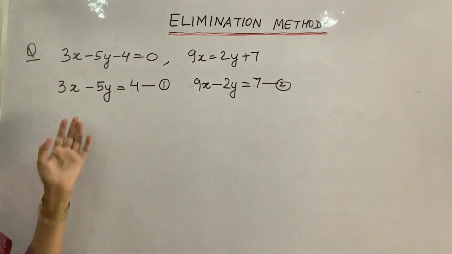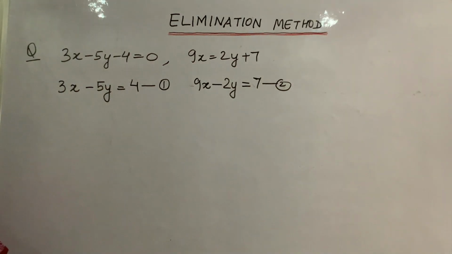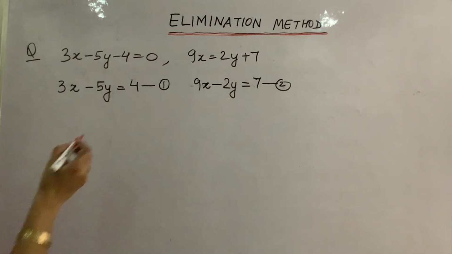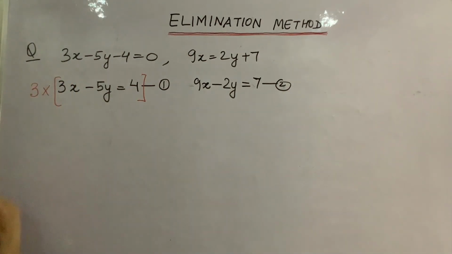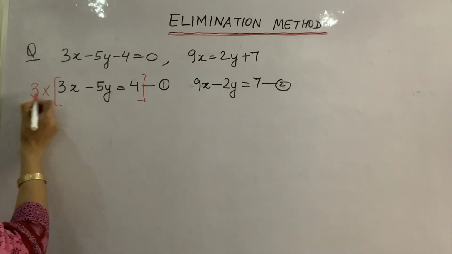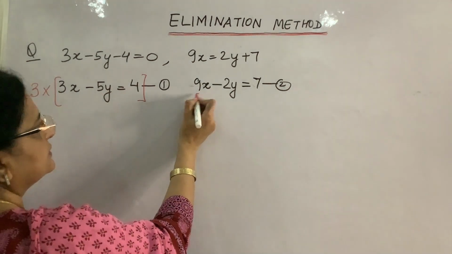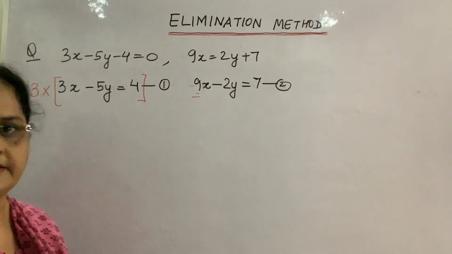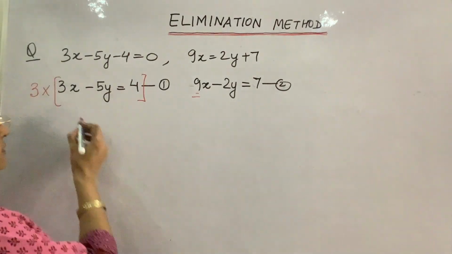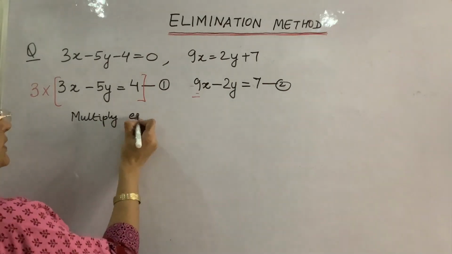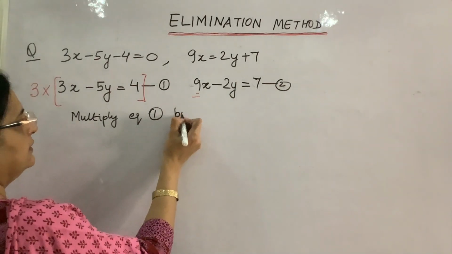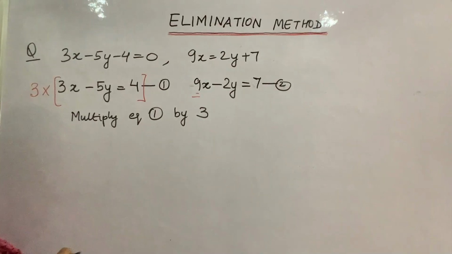If I multiply this first equation by 3, this will become 3 3s are 9, and it is already 9 here. So write down: multiply equation 1 by 3.